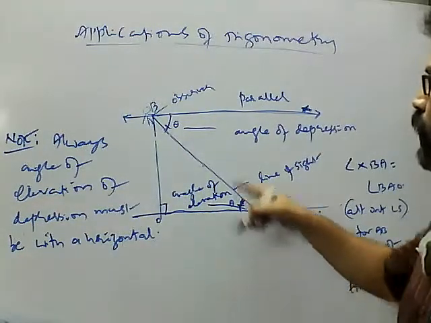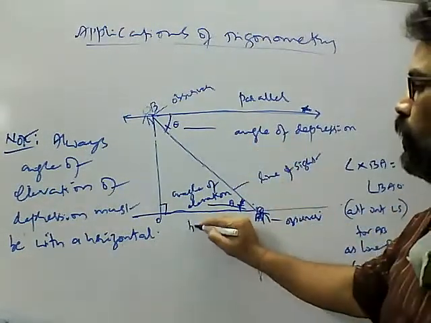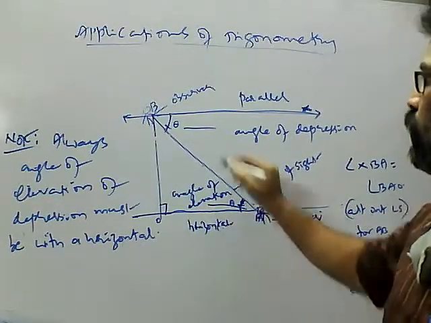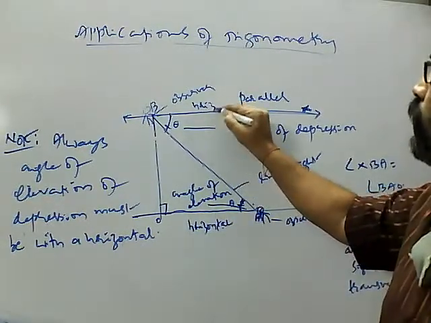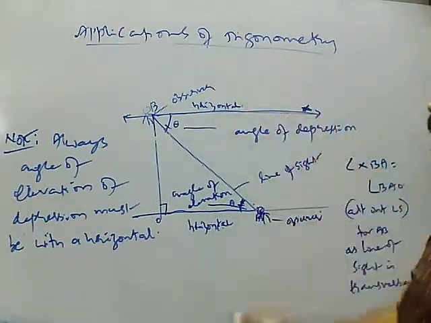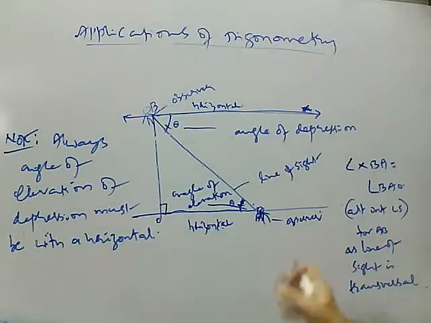This is the horizontal and this is also horizontal. This is called horizontal, and this is also horizontal or parallel. Both are the same. Understood now? So note down. This must be the structure for your conversion of elevation to depression. Note down.